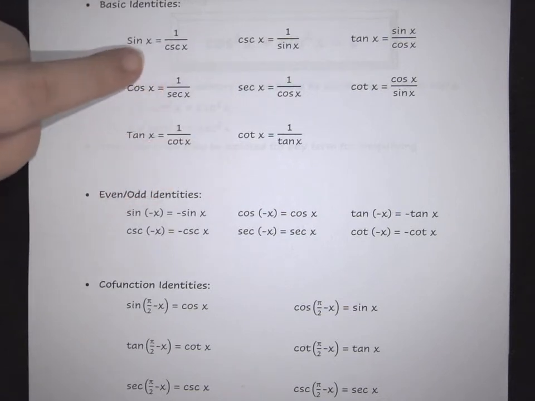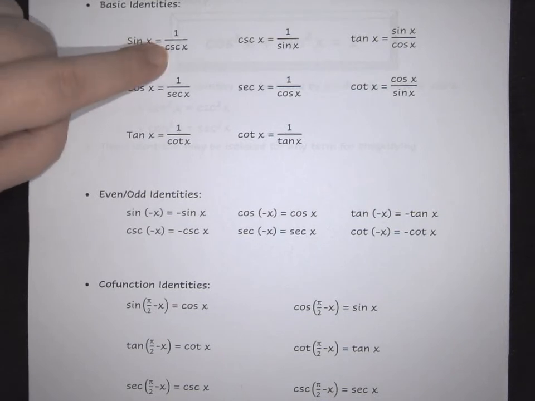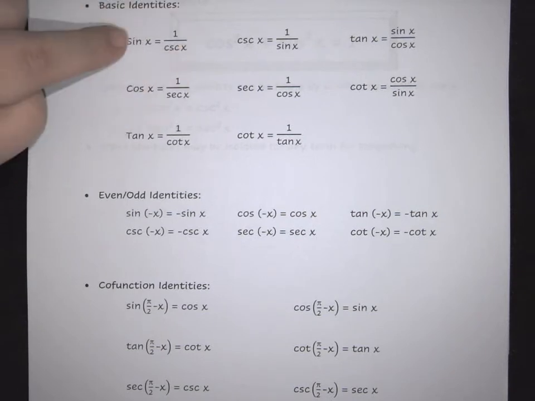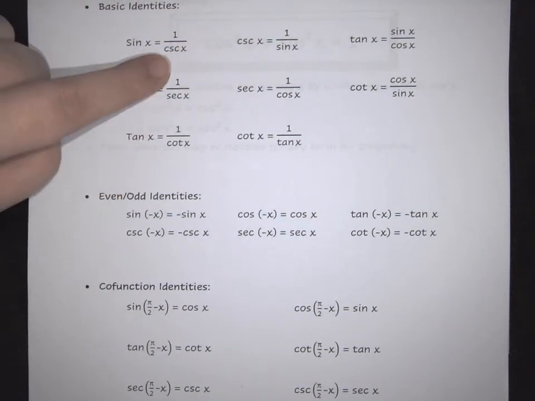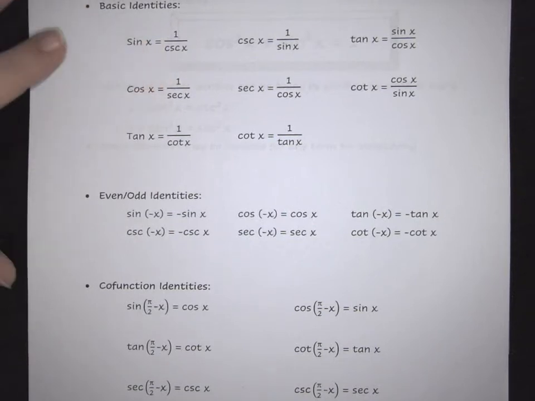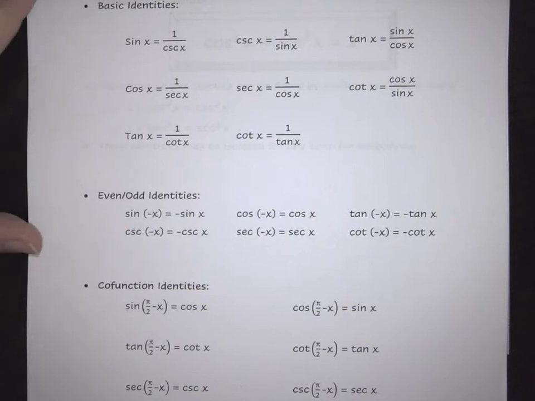As you can see, we've rewritten, say, our sine in terms of the reciprocal of cosecant. What we're showing here is the partner relationship and how sine and cosecant interact with each other. So we use these identities in order to manipulate our equations.